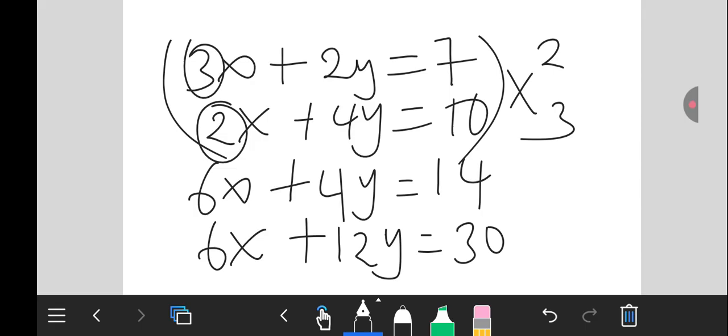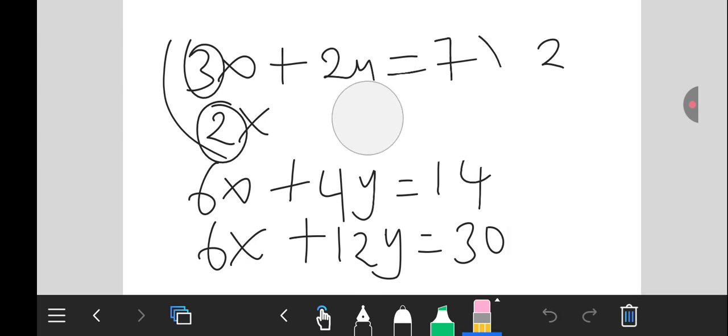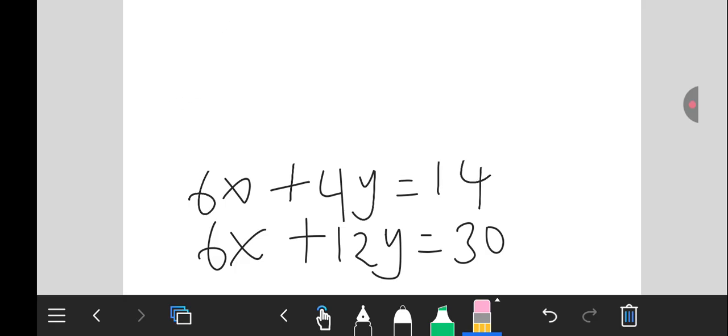Okay, so basically that is what we have. Now let's do something here. Have you seen that 6x and 6x are now equal? So we can now eliminate them, and they both have positive signs, so we put the sign which is negative, which is minus, since they are similar.